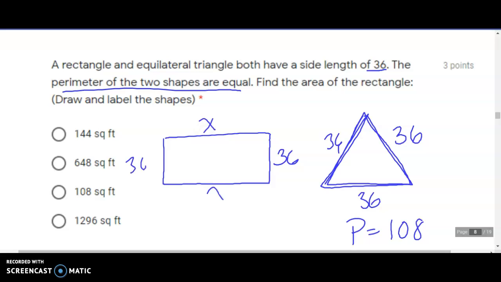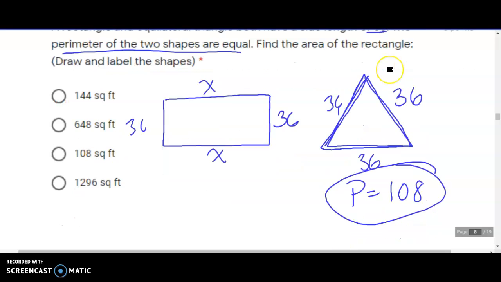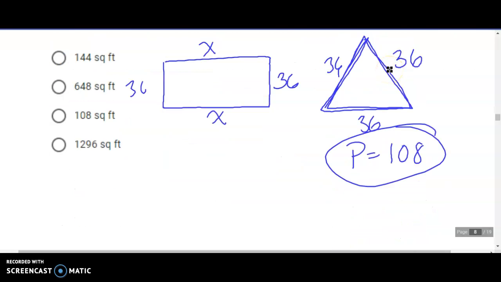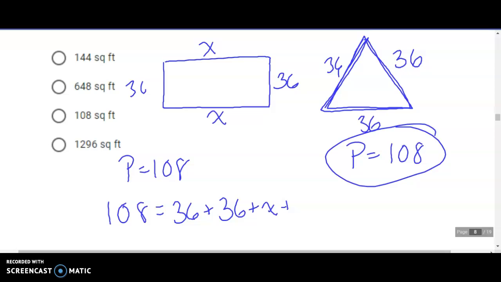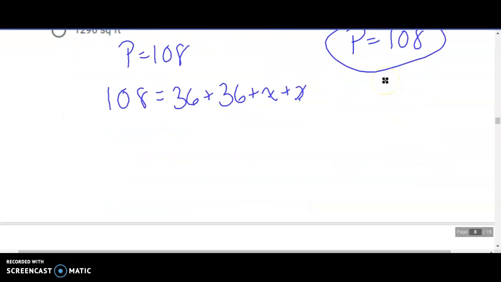So that means that we know this is 36. We don't know this and we don't know this, but we know that it all adds up to the same perimeter of 108. So we could say that the perimeter, which is 108, of this rectangle is found by adding 36 plus 36 plus x, which is 72 plus 2x, and now we can solve for x.